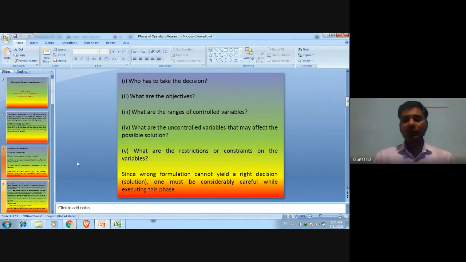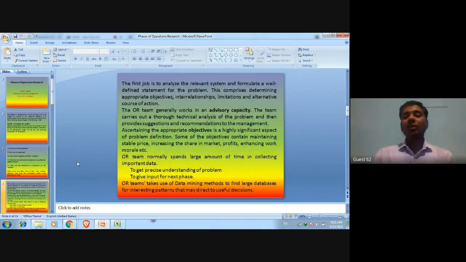Next, the first job is to analyze the relevant system and formulate a well-defined statement for the problem. Now, you have identified the problem, so you have to define it in a statement using proper words which describe your problem clearly.